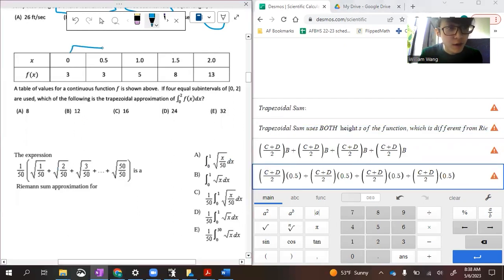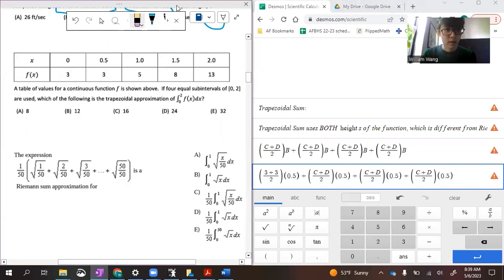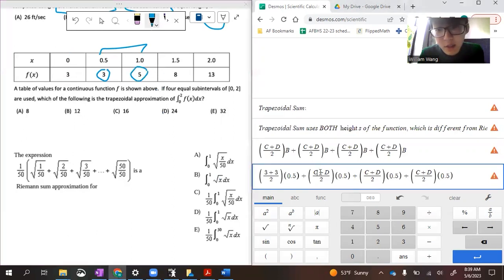So from 0 to 0.5, I'm going to use both this 3 and my right-hand 3. So it's going to be 3 plus 3. Then from 0.5 to 1.0, I'm going to use 3 as my left-hand height and 5 as my right-hand height. So it's 3 plus 5.